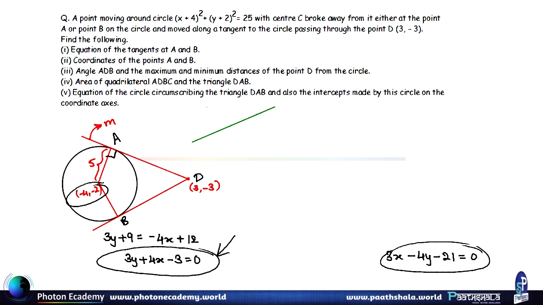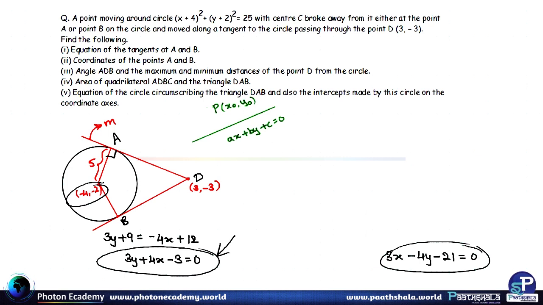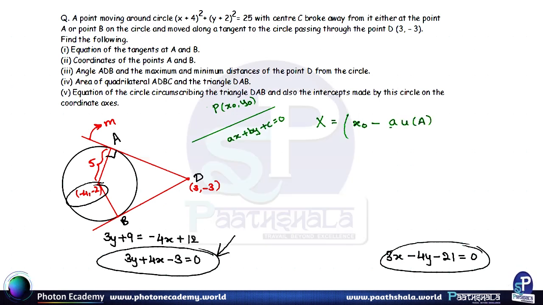So if this is the point P, (x0, y0), and the equation of the line is ax plus by plus c is equal to 0, then the x coordinate of the foot of the perpendicular is equal to x0 minus a into u(P) upon a square plus b square.